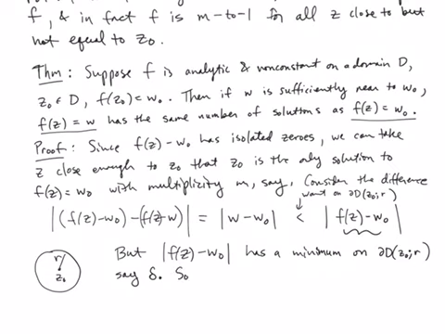So we just need to choose w within a distance of delta of w naught for this to be the case.